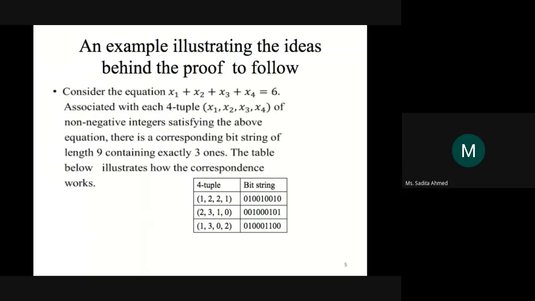So what we want to do is not come up with the solutions. We want to count the total number of possible solutions to such an equation. So how can we do that? Remember again, right at the start we said that in discrete mathematics, we try to solve problems by counting things.